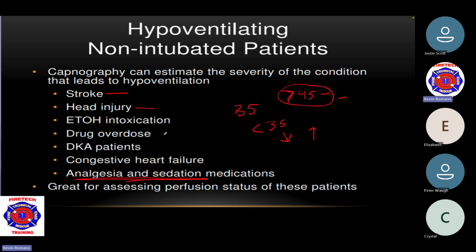Obviously, drug overdose, we can look at our different toxidromes that are out there, whether it be cholinergic, anticholinergic, tricyclics. And we'll do a toxicology lecture later on within the year. I have that plan for toxicology, but it could be a different overdose. We're looking at the different perfusion changes that are there. Diabetic ketoacidosis patients, obviously, they're very acidic, right?